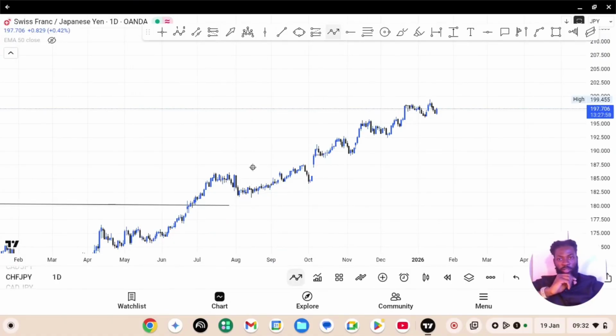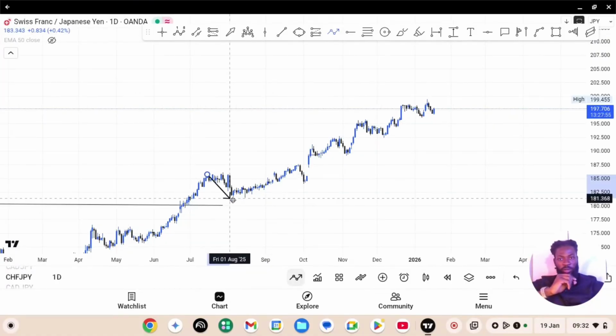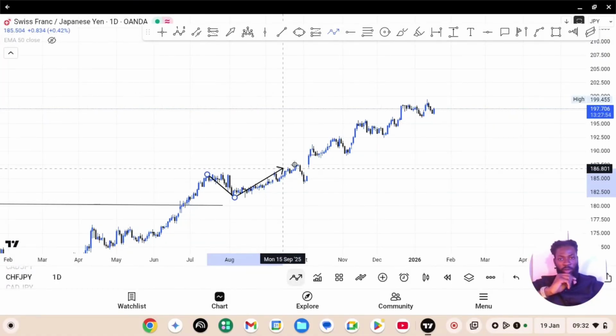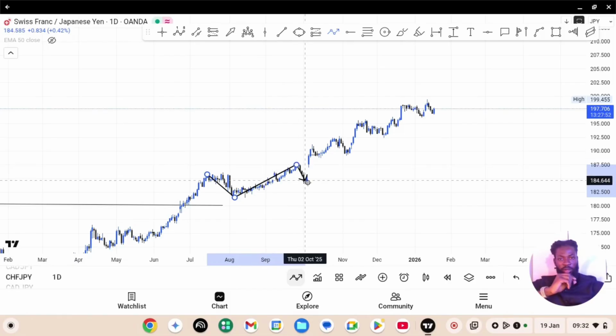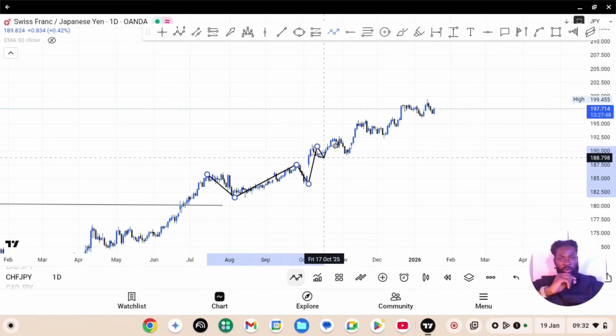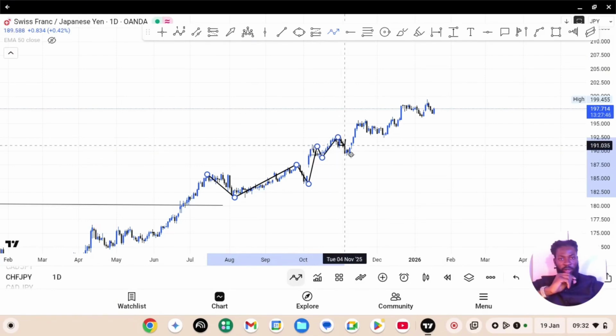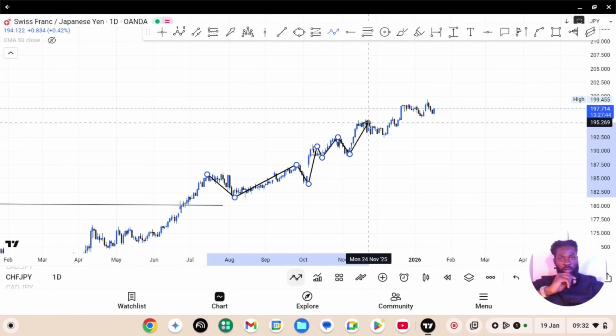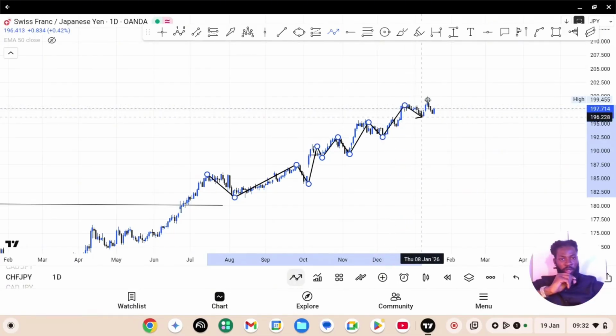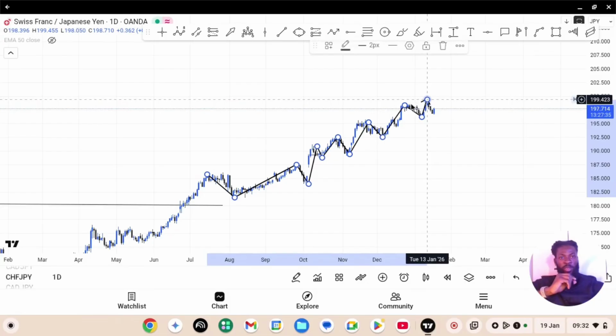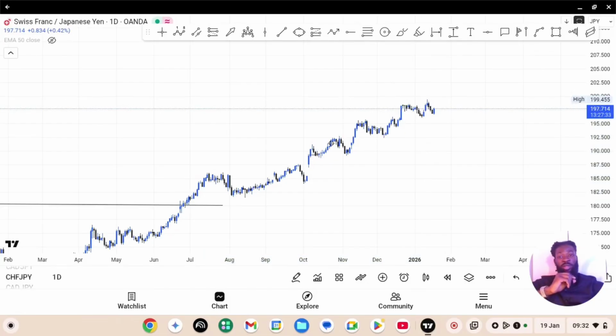For instance, look at it: a higher high, a higher low, a higher high, a higher low, continuously. Mainly looking at this daily time frame, you can also tell this is a clear uptrend.